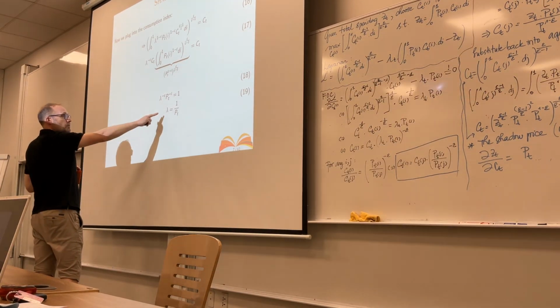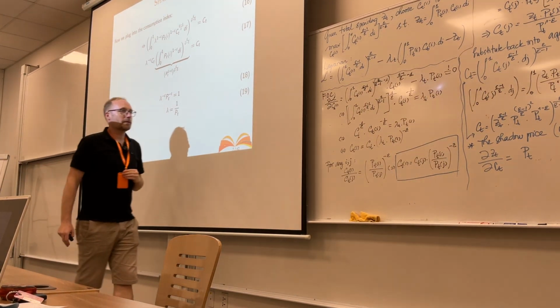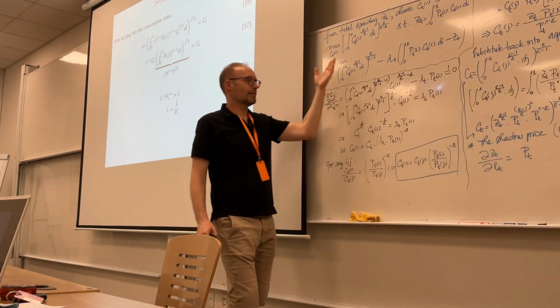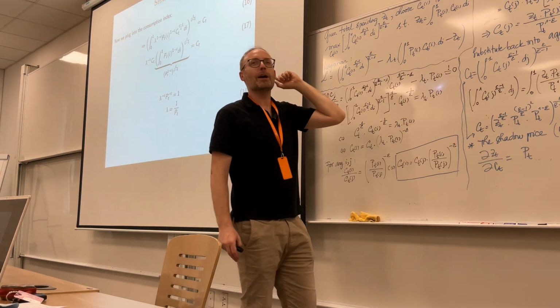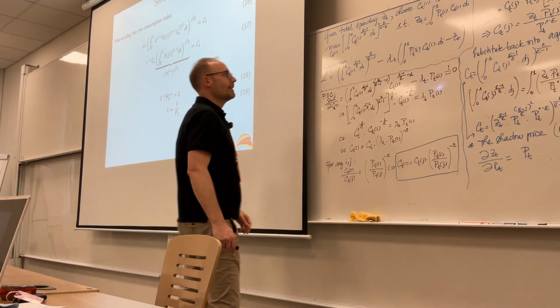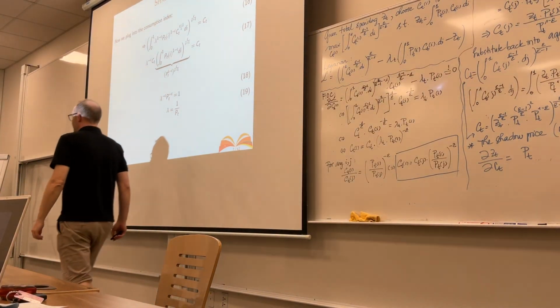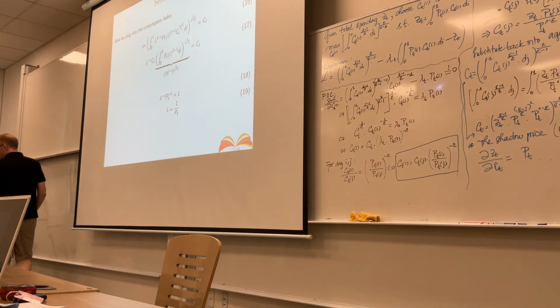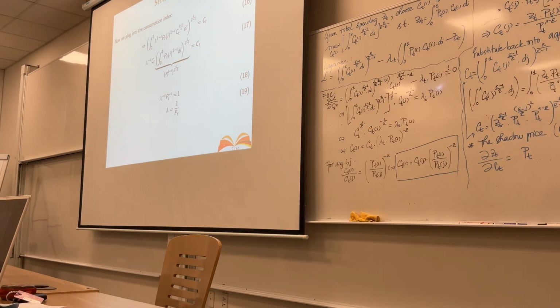So our Lagrange multiplier is not the shadow price, it's the shadow value. That was my mistake. So you answered the problem that I wrote down, and I answered the problem that I meant to write down.